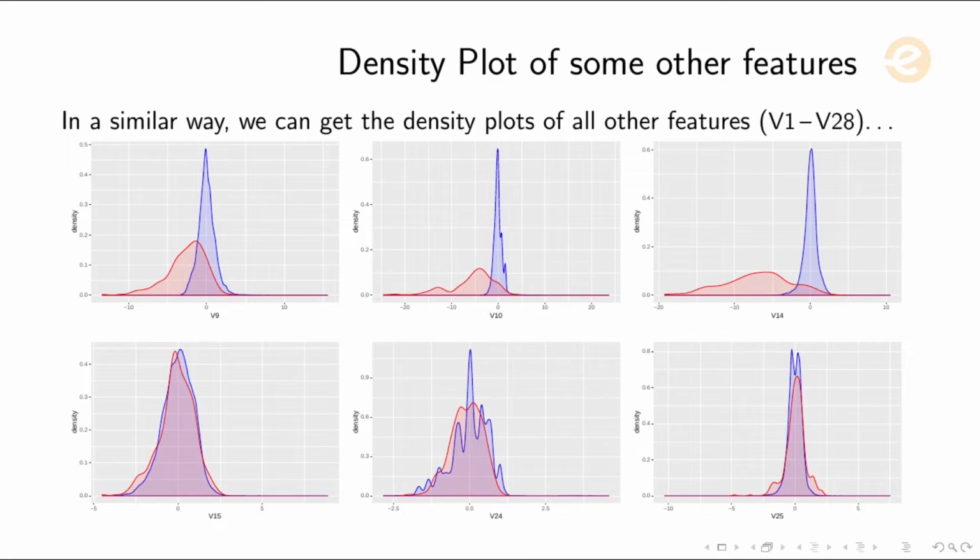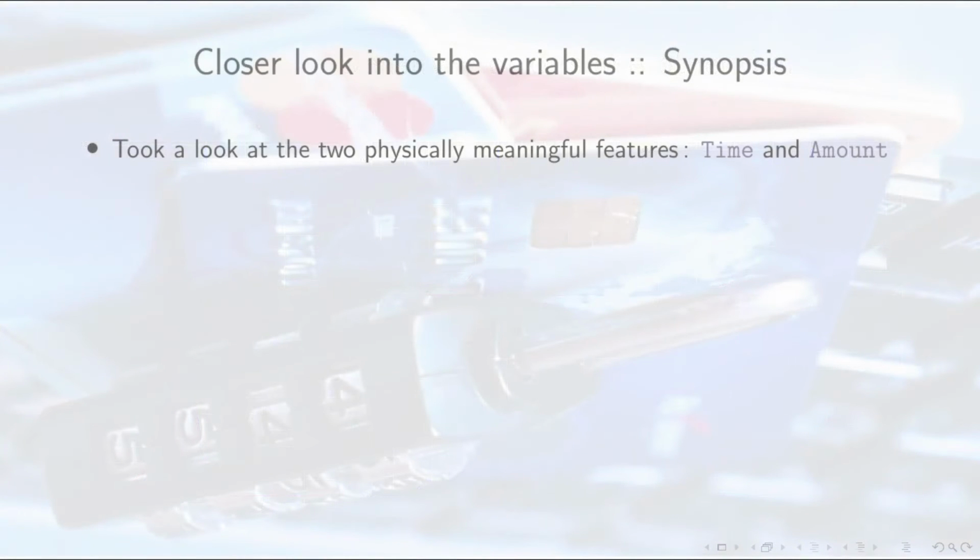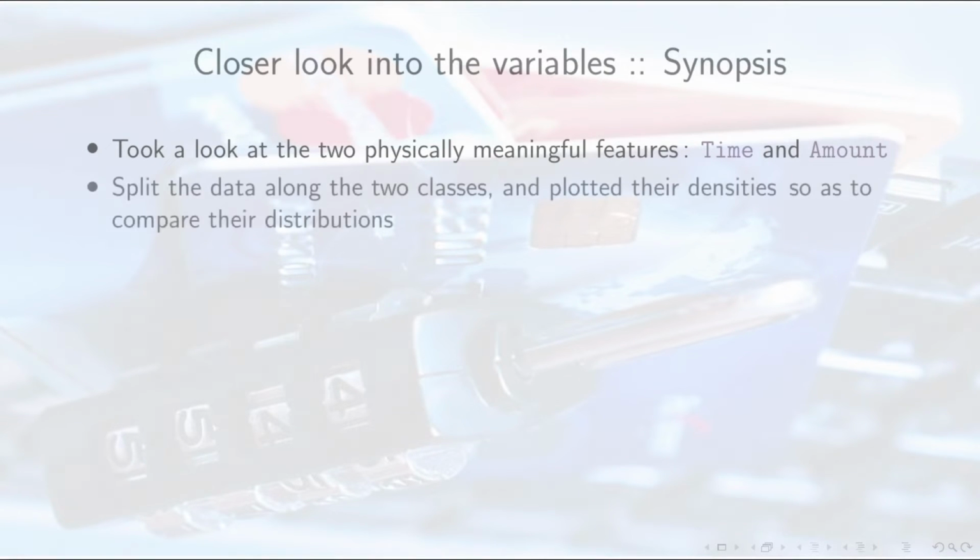Well, with this we took a look at how visualization happens in a data set, and we did this first for 2 meaningful variables, time and amount. Then we did the same thing for the other variables, and to get a visualization we split the data set along the 2 classes and plot their densities so as to compare the distributions on the same graph.